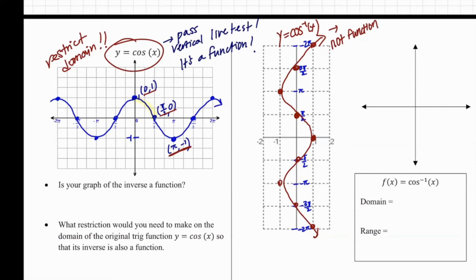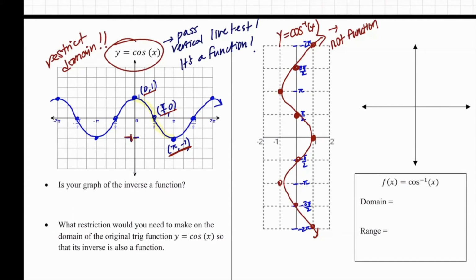So let's say you restrict it up to that part. Does it give you all the outputs from -1 to +1? Nope. It only gives you from 0 to 1, so that's not it. How about if you highlight or restrict the domain up to here? Does it give you all the outputs from -1 to +1?